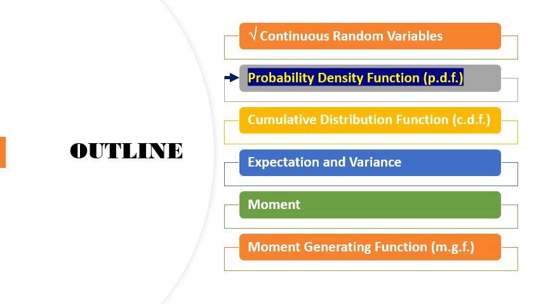Here, we have to define a new, continuous function, which can give me the probability of a random variable in an interval. This function we call a probability density function, or PDF.